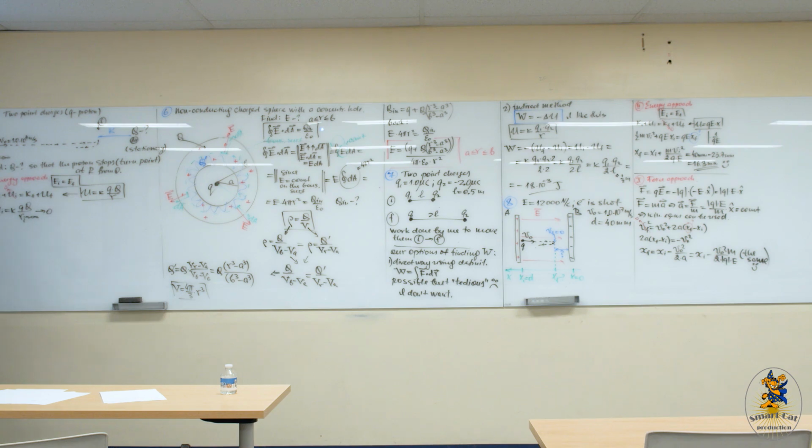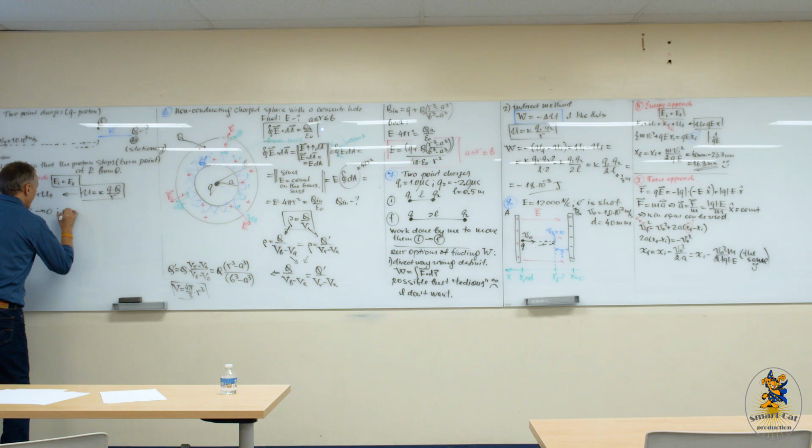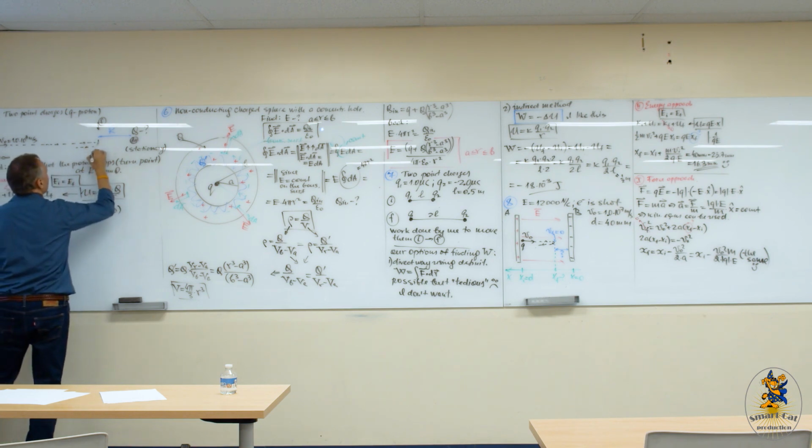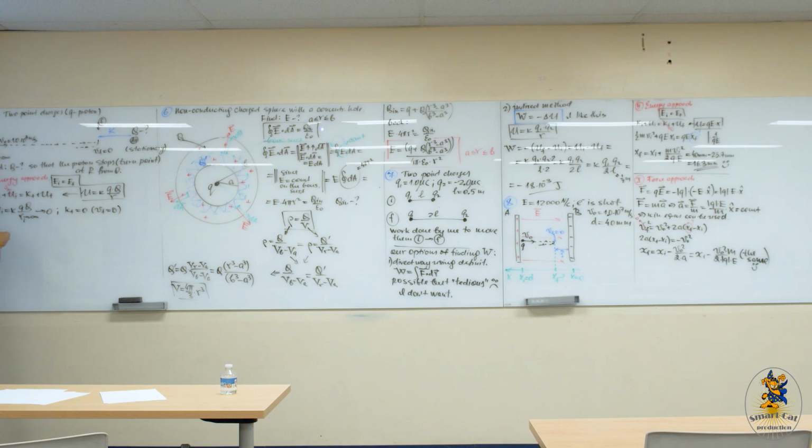Then, final kinetic energy. It's a turning point. K final is 0, since v final is 0, it's a turning point. So this is also 0, so we have only 2 terms.